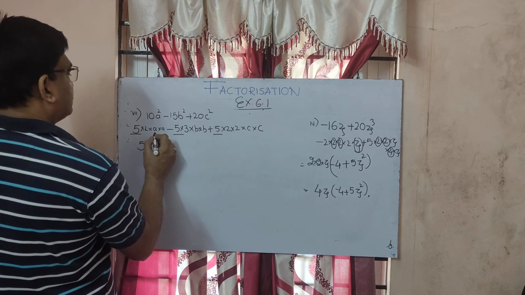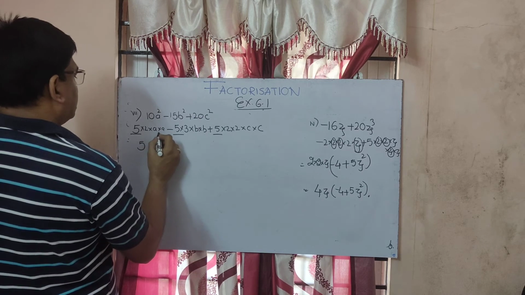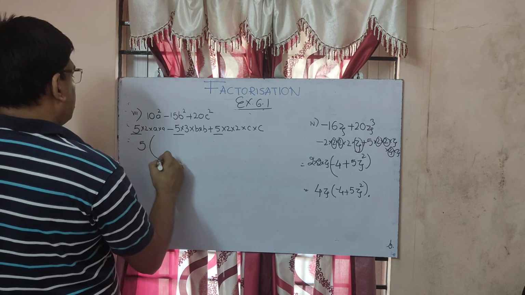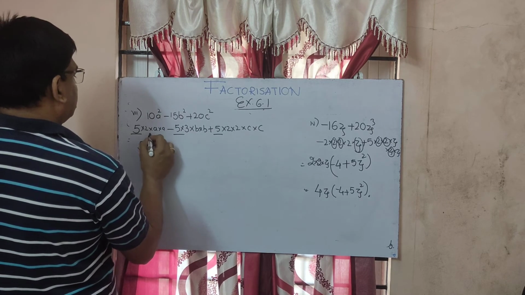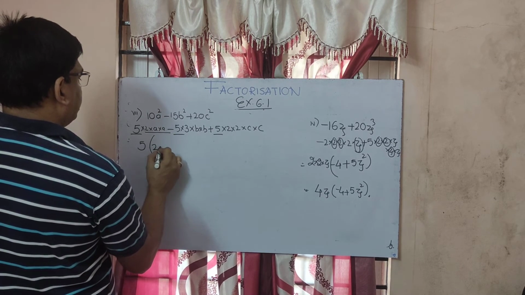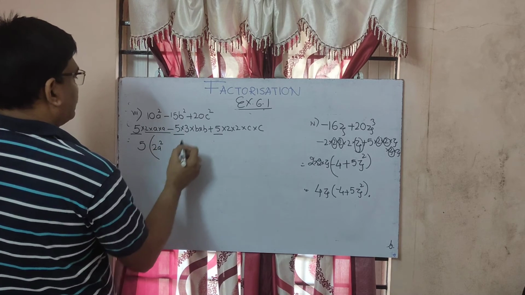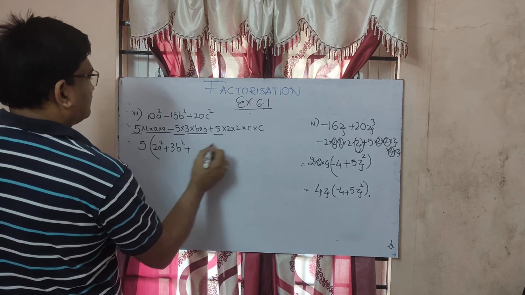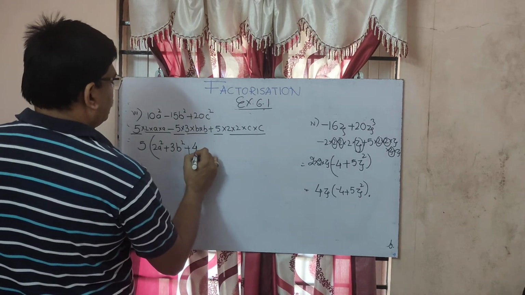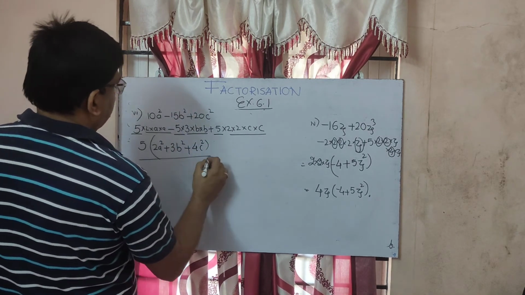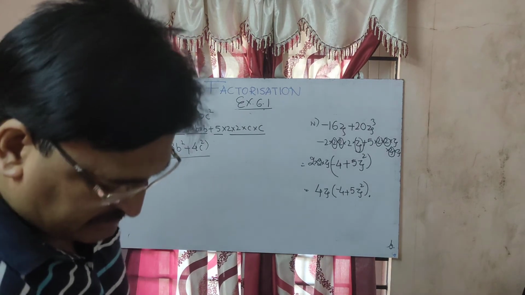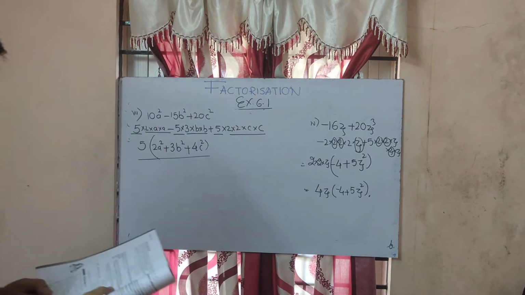A is here, nothing is common. B is here, nothing is common. C, nothing is common. Now what is left here? 2a square. What is left here? 3b square. What is left here? 4c square. That's it. This is the way you have to do this.